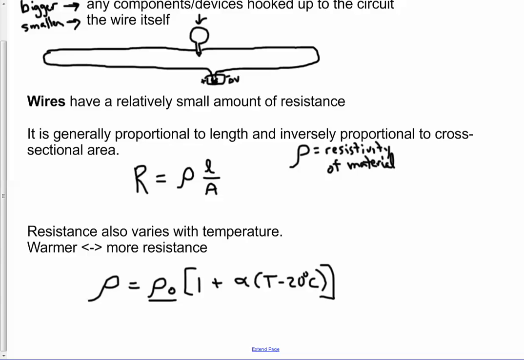And so you see there's a 20 degrees Celsius in this equation. Whatever temperature your wire is at, you plug that in here. You multiply by the coefficient alpha, which goes along with your type of material, and again you look that up, and that will be an actual constant. Add 1 and multiply it by the rho naught, and that'll give you the rho at your temperature.